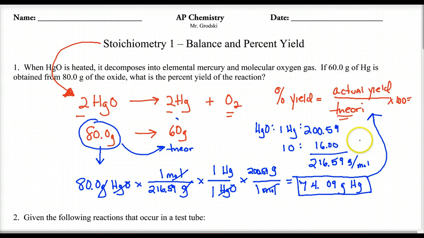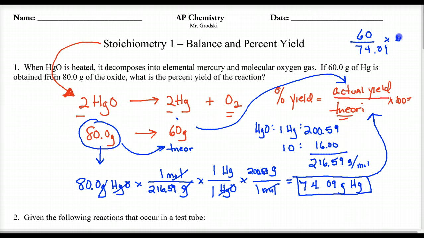Okay? Our actual, of course, was 60. So when you plug that in, and I'll do that above here, 60 over 74.09 times 100, because we're getting a percentage. I put that in my calculator, and I get 80.98.